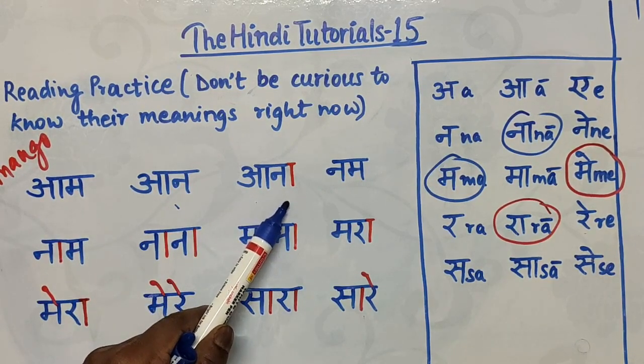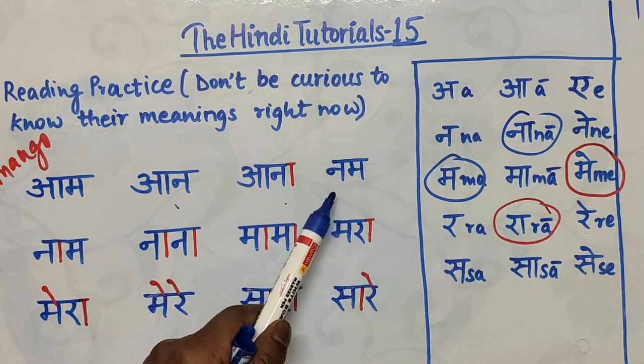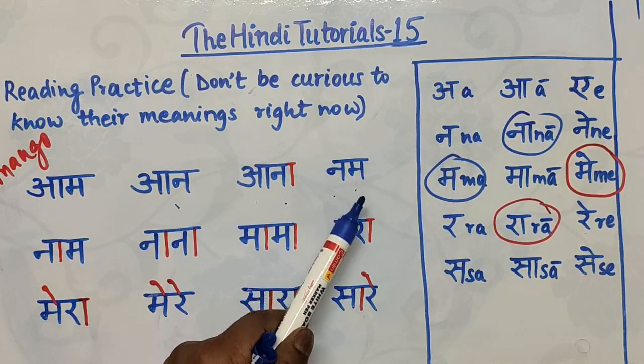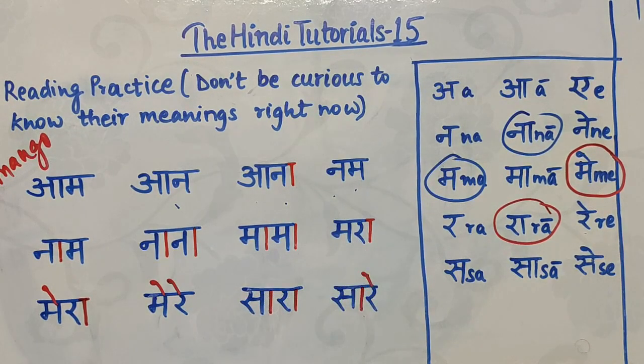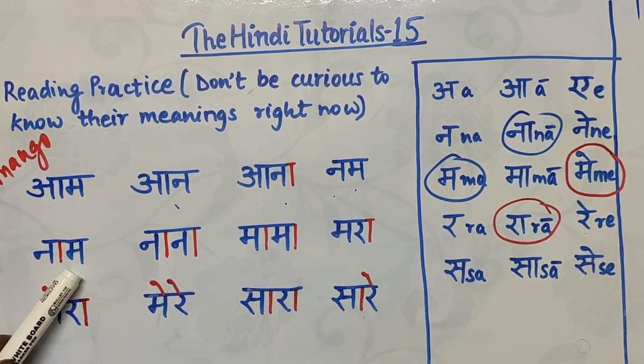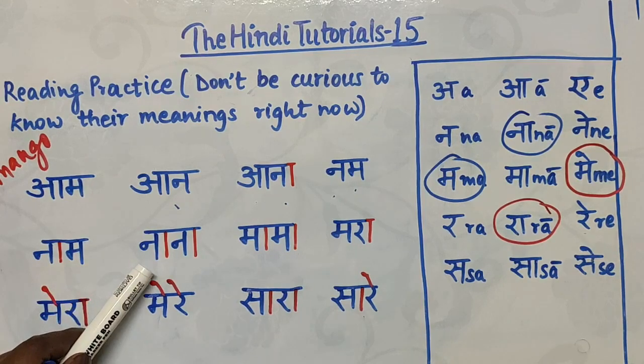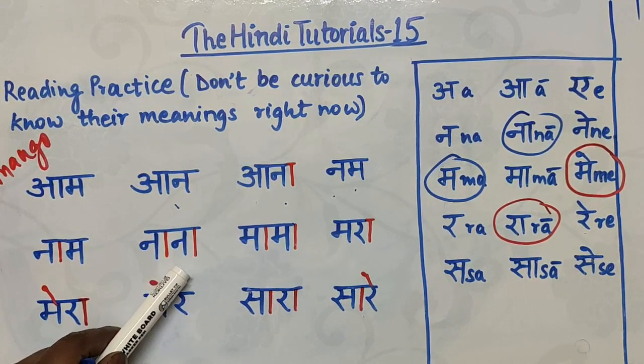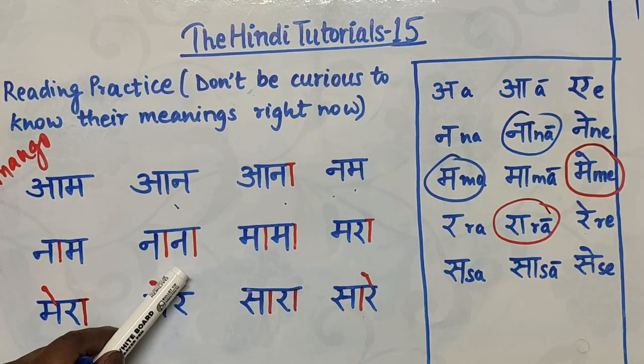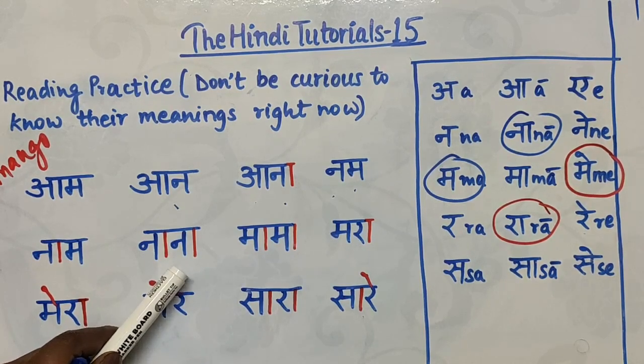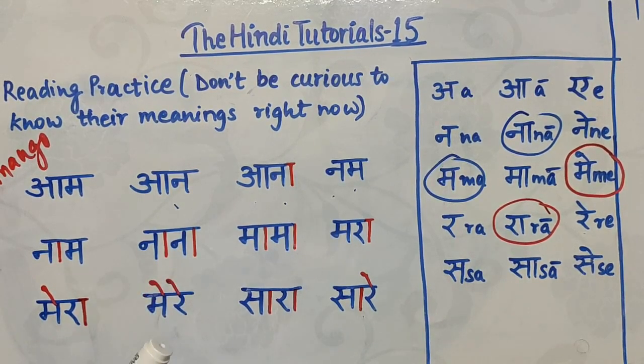Na. Ana. Nam. Nana. Remember from the last lesson, nana means the dad of your mother and mama means brother of your mother. Okay.